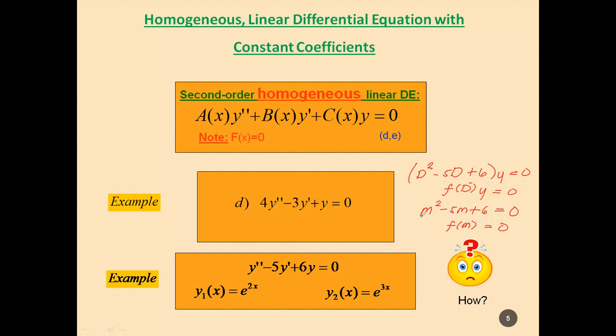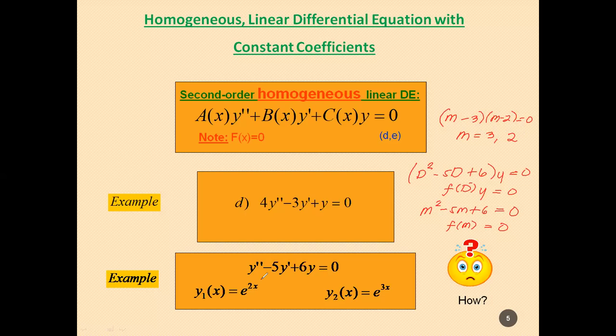What is the purpose of this characteristic equation? It will point out to you the roots. This is where your algebra comes in. You simply find the roots of this equation. From algebra, by factoring, we have m minus 3 and m minus 2. This would be 6, and the middle term will be negative 5. So with this you will have m equal to 3 and 2.